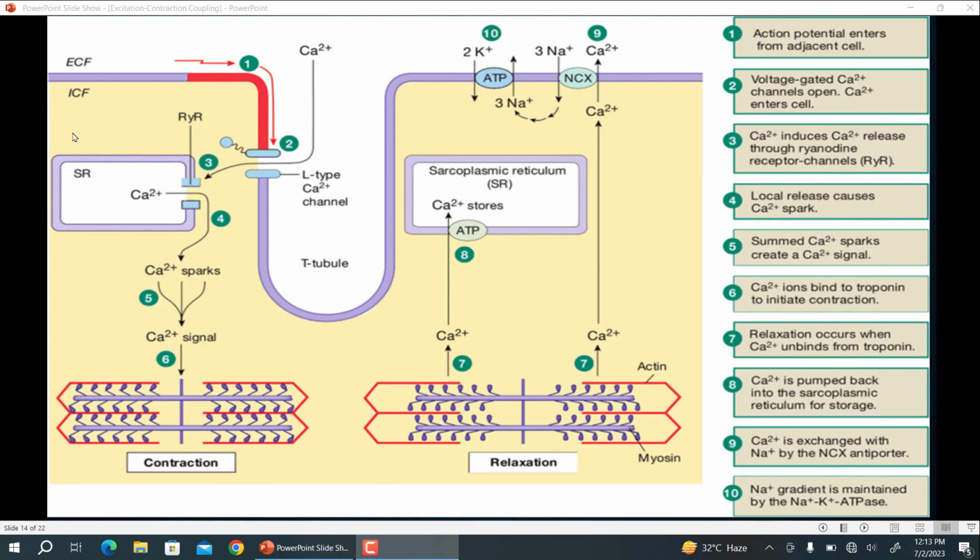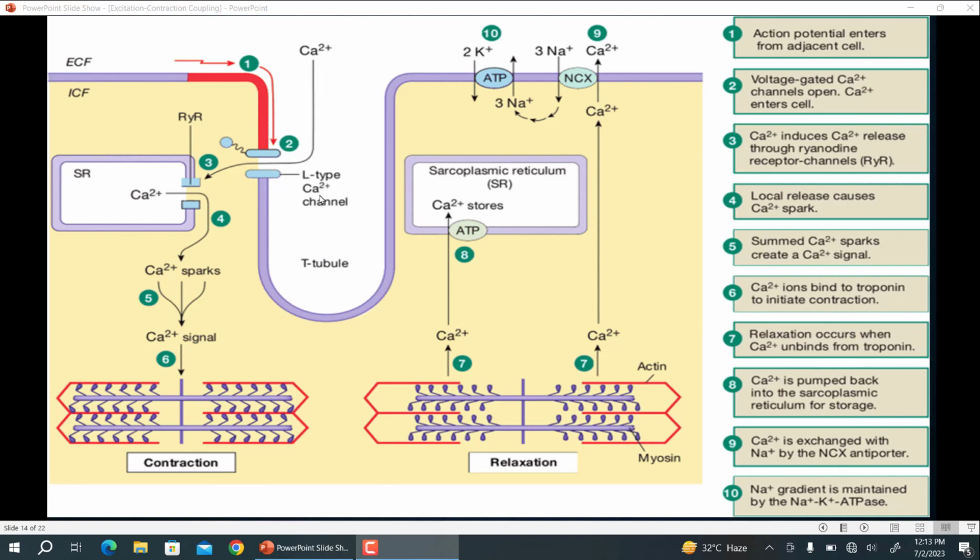So these are the stages: the action potential, the extracellular fluid, the intracellular fluid, and when the action potential arises, depolarization of the membrane occurs. This depolarization also spreads over the T-tubules.